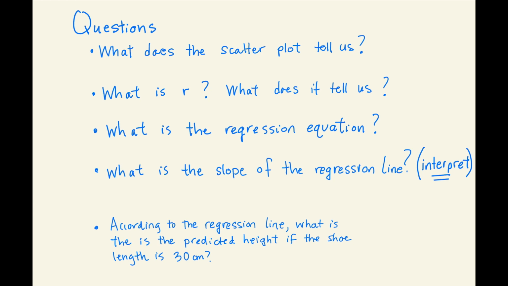So let's come back and answer the questions since we've used StatCrunch. What did the scatter plot tell us? We learned from the scatter plot that the sample data did exhibit a linear relationship.